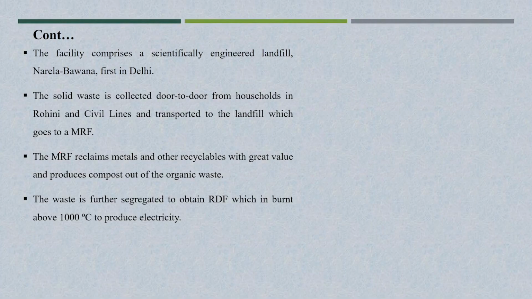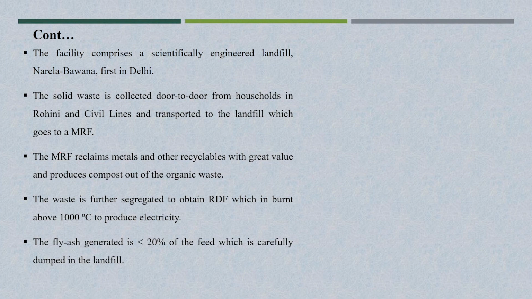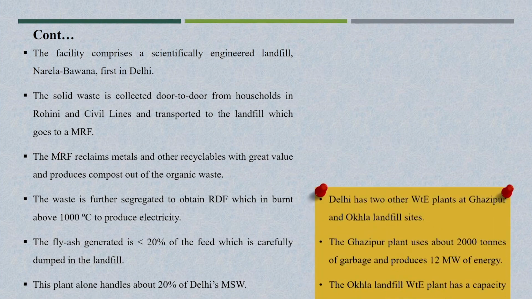The waste is further segregated to RDF, which is burned above 1000 centigrade to produce electricity, and the fly ash generation was less than 20% of the feed. So, that was one of the very good technologies, and the plant alone handled about 20% of Delhi's MSW, I think 2000 tons per day.